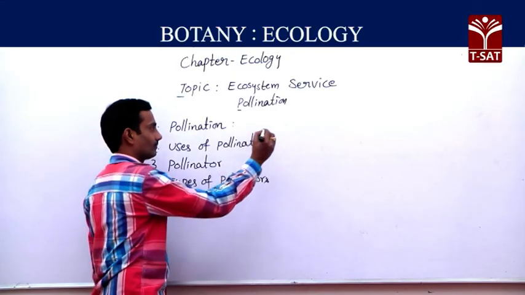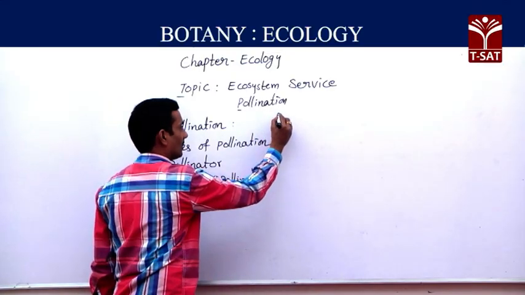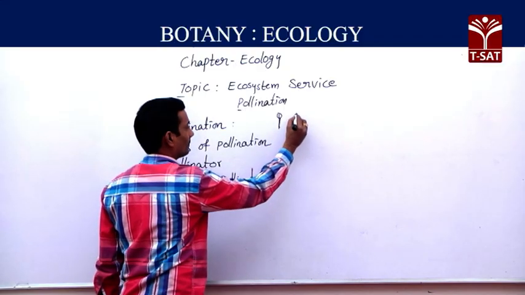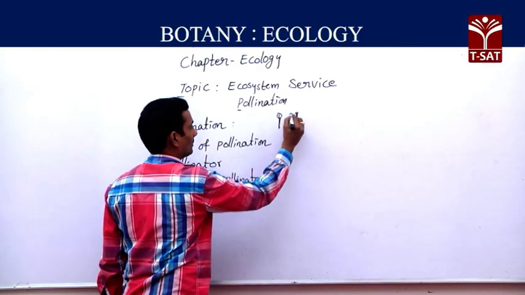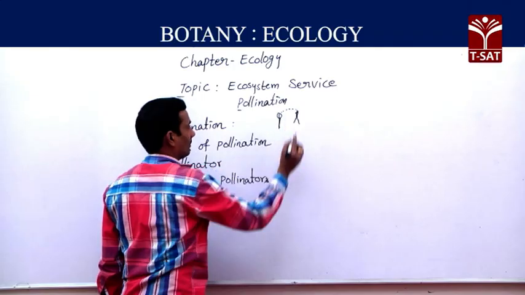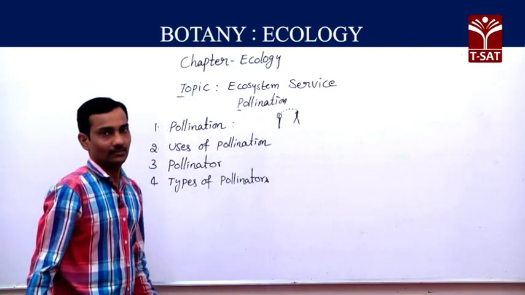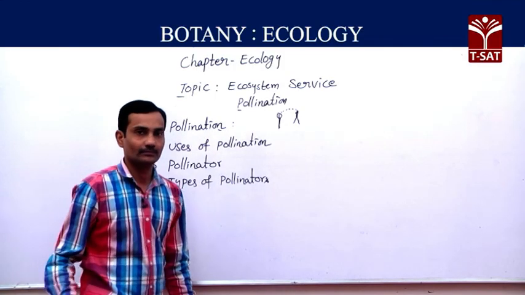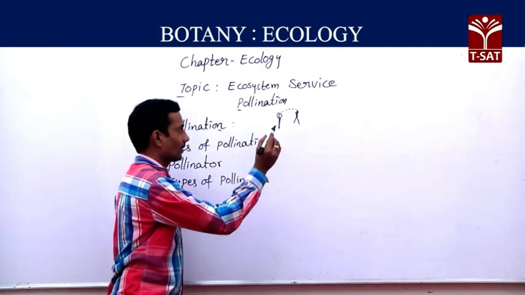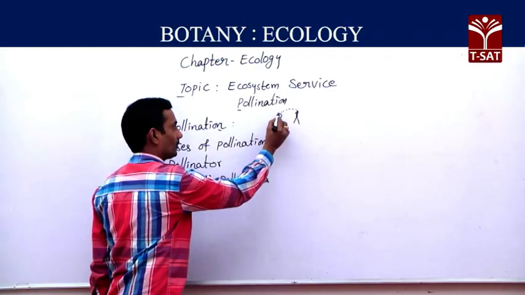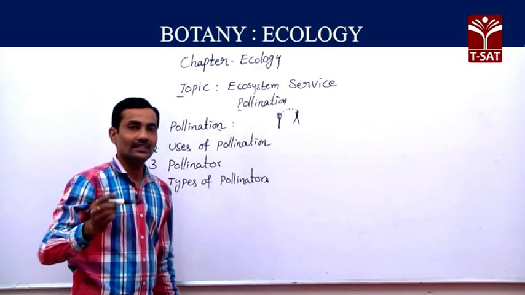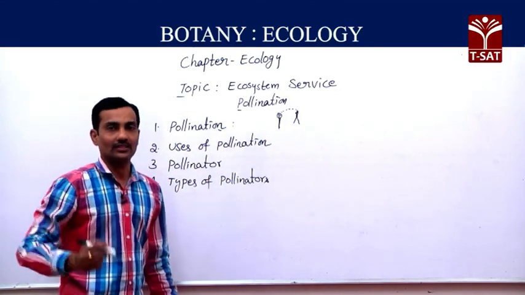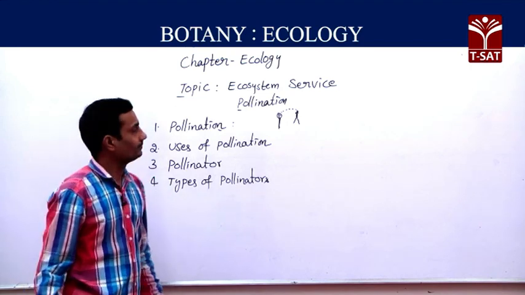Pollination: the transfer of pollen grains from the anther to the stigma of the gynoecium of a flower is known as pollination. Here, pollen grains are usually released from the anther of the stamen.